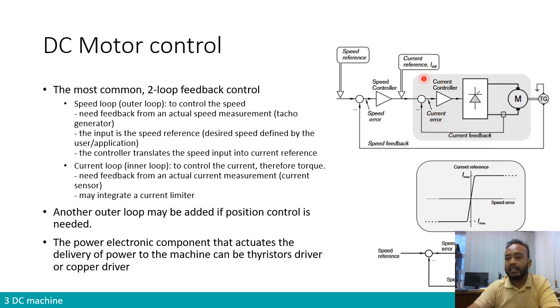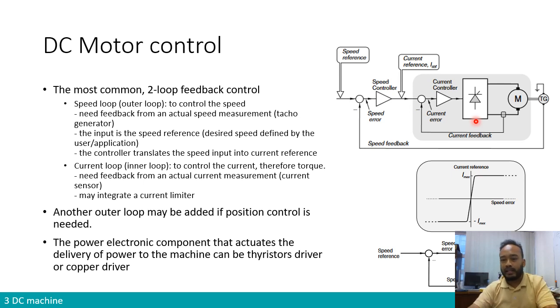In certain applications, especially in a large machine, if we ask the machine to go directly to an extreme maximum speed, there is going to be a peak of current due to the difference between the voltage supplied and the back EMF that we can measure on the motor. So there will be a surge of current. The purpose of this loop is to control the current, and therefore the torque as well.